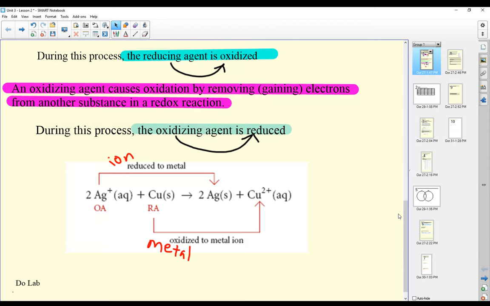All right, so we talked about this in our last lesson, so we're just going to keep rolling on here. One of the things I want you to notice, though, is that our ions become solids and they undergo reduction, and that is our oxidizing agent. Our reducing agent is the solid, and it has to oxidize to become an ion.